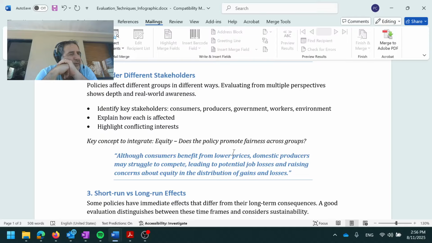You could also discuss the impact on the government, any kind of impact on the environment. So in that case, you would bring in the key concept of sustainability. You could talk about foreigners, so foreign producers, foreign workers, foreign governments, anything you think which is relevant.